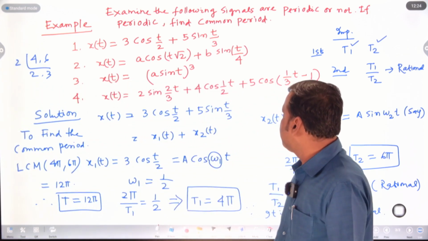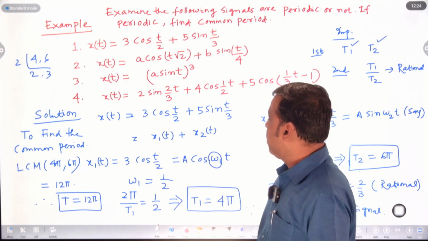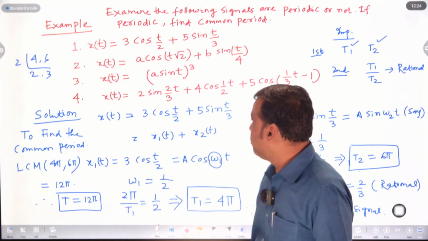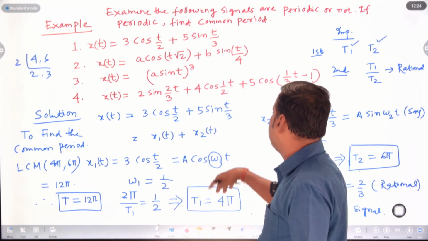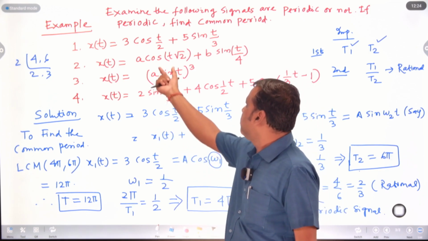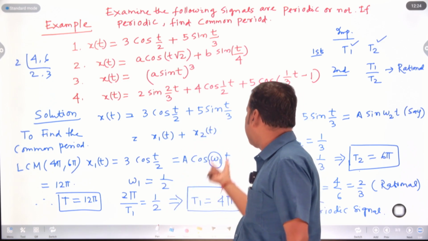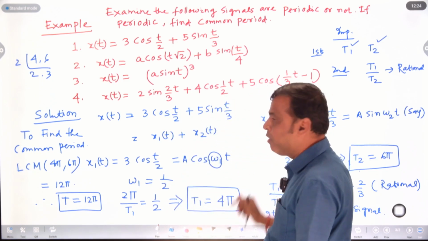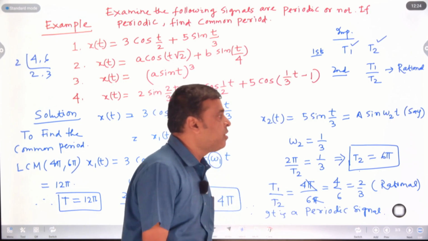Whenever a multitone signal is given, you are going to calculate whether the signal is periodic or not. In this process, you calculate individually. First of all, calculate the fundamental period. Let these be x1 of t and x2 of t; calculate T1 and T2. After getting T1 and T2, find out whether T1 by T2 is rational or not.